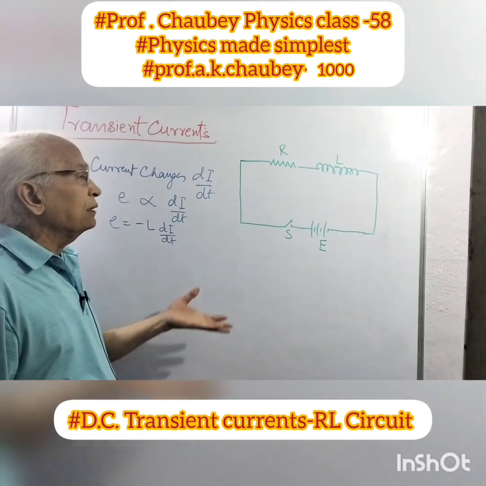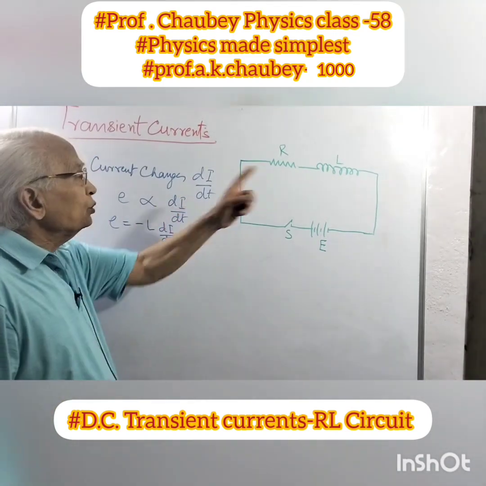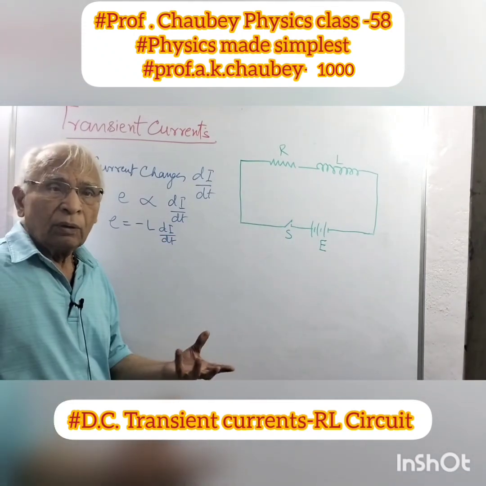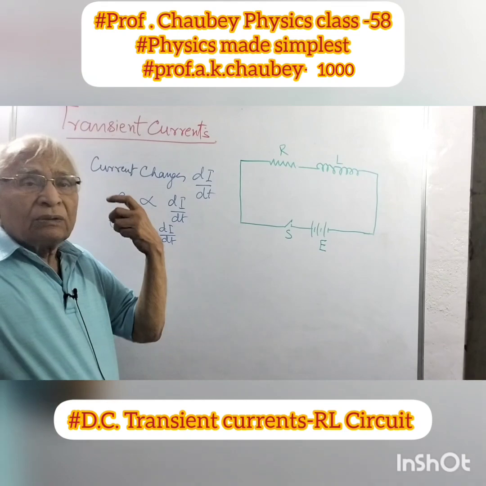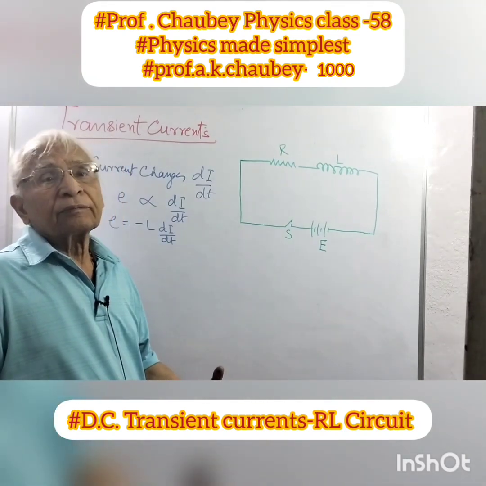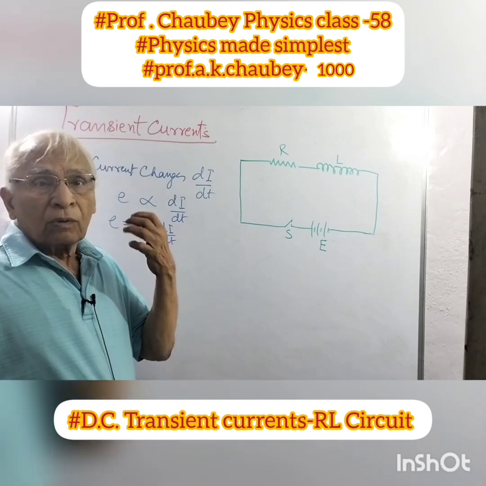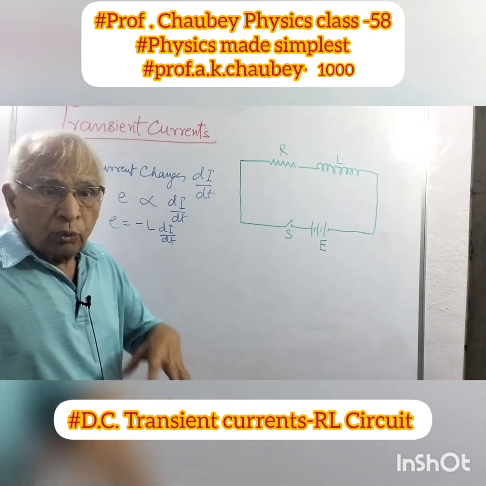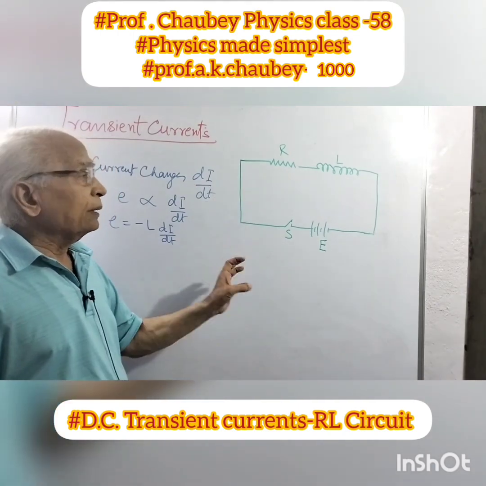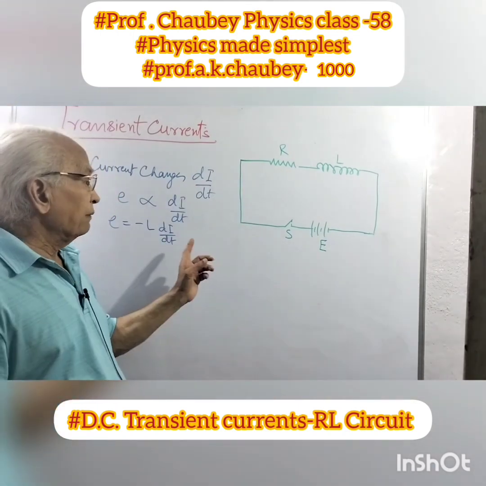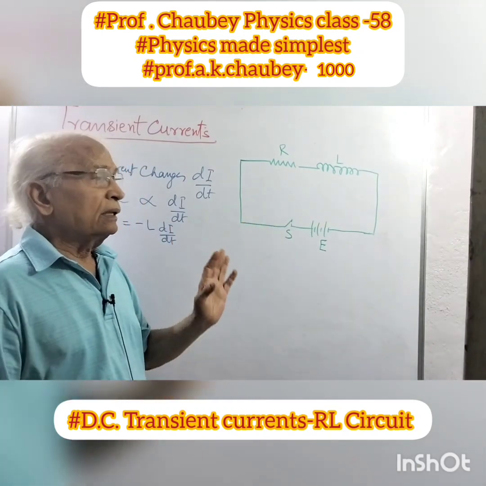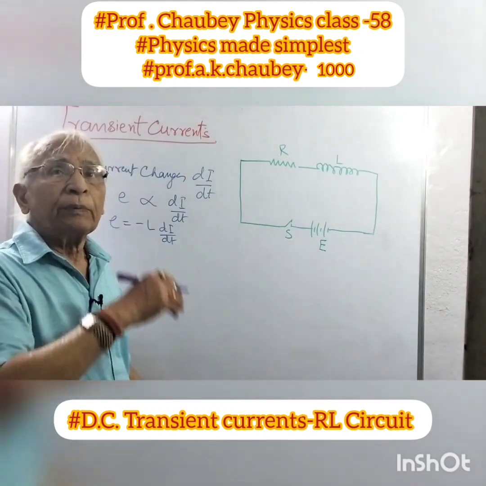If di/dt is positive, the induced potential here will be opposite. Lenz's law means induced EMF will try to reduce the cause of its production. Who is producing the induced EMF? That is the current. So it opposes the flow of current. So if di/dt changes, induced EMF is of opposite type, means it is sending current in the opposite direction.